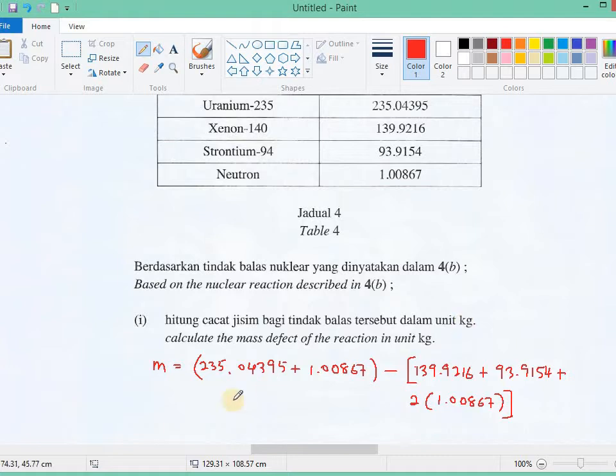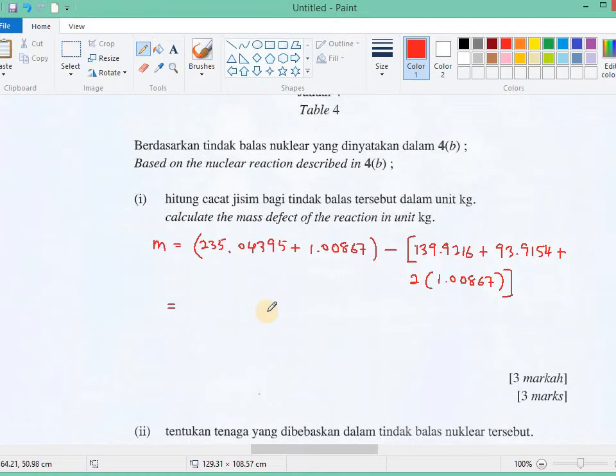Like that. So it will be equal to 0.19828. This is in atomic mass unit.